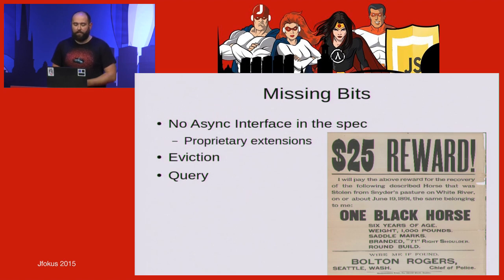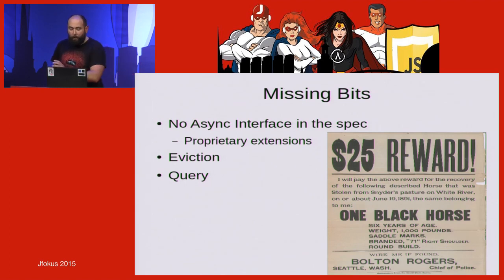So that's a missing piece. The other missing piece is eviction. I mentioned expiration, but expiration works on an entry level, right? So it will guarantee that no entry is older than, let's say, 10 seconds.